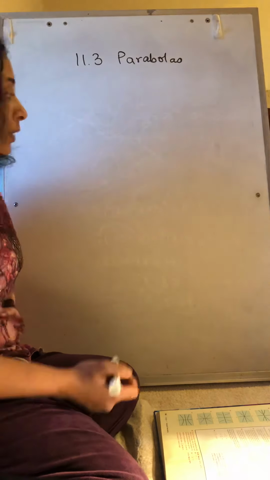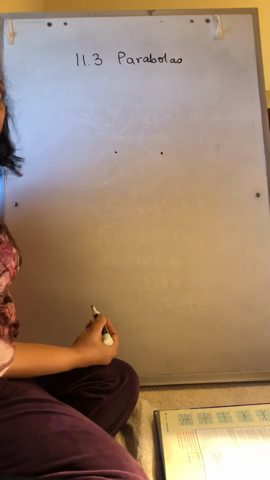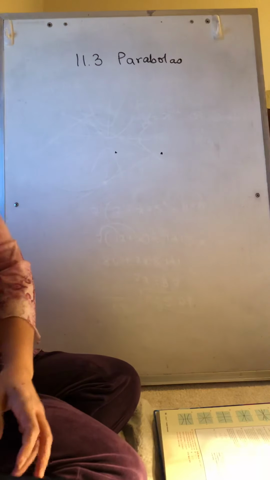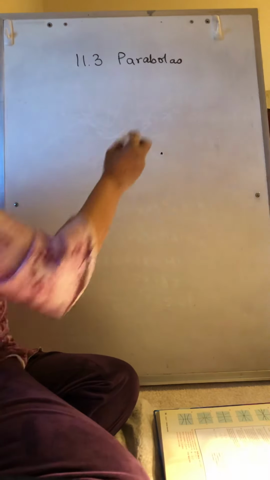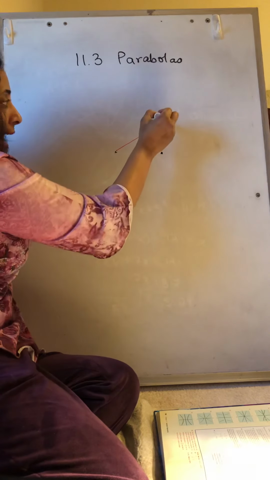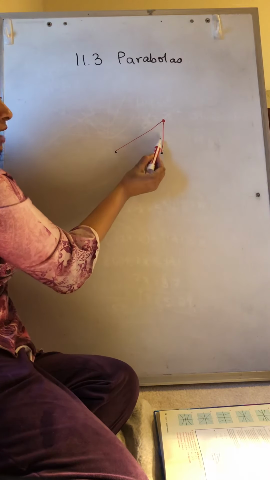Before that, let's quickly review what ellipses were and what hyperbolas were. Remember what are ellipses? There are 2 points, and we are looking at a collection of all such points where the distance of a point to the first point and the distance of this same point to the second point, whatever the sum of these distances is, it's going to be the same.